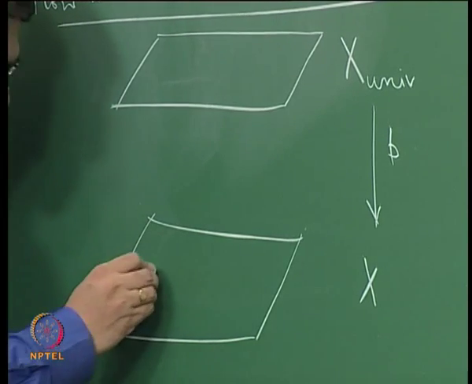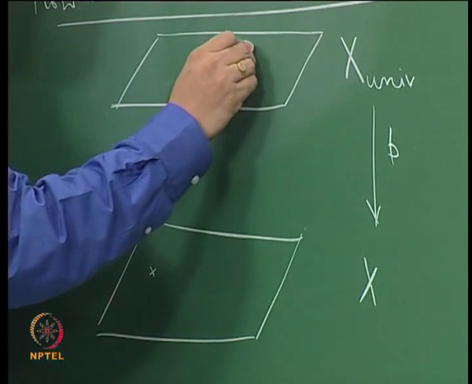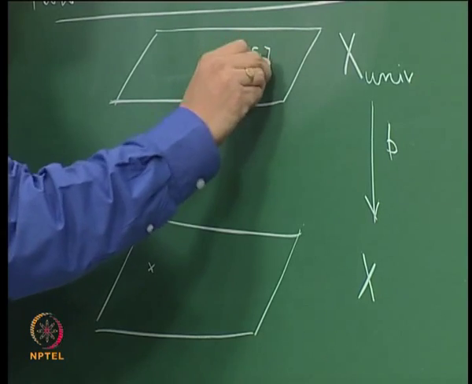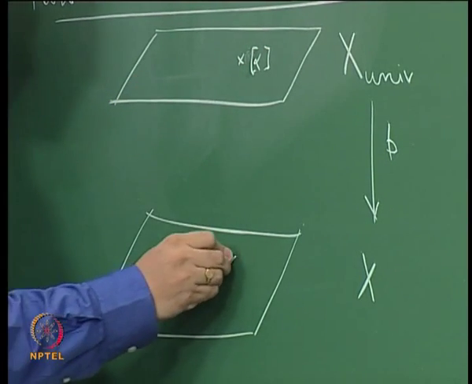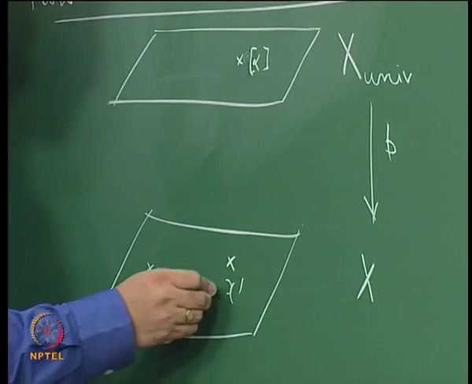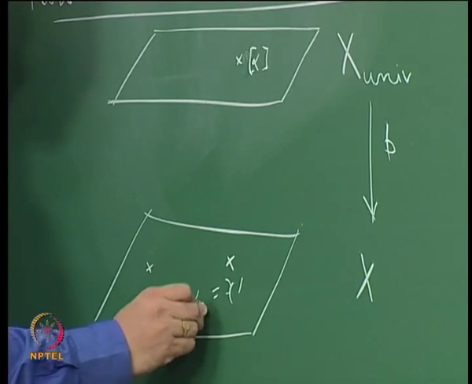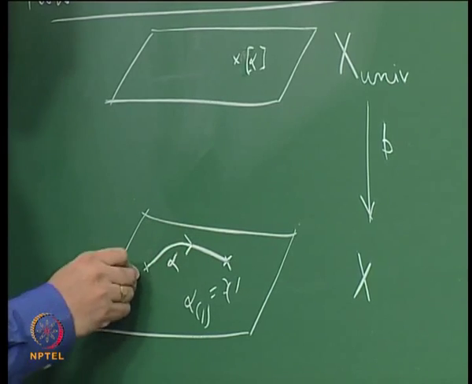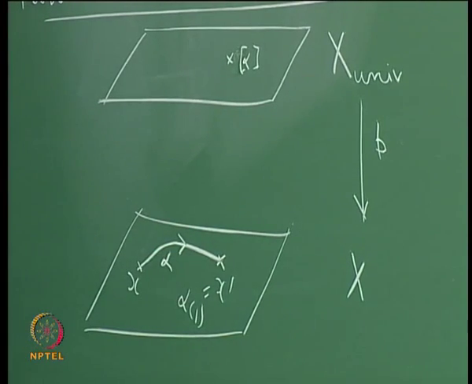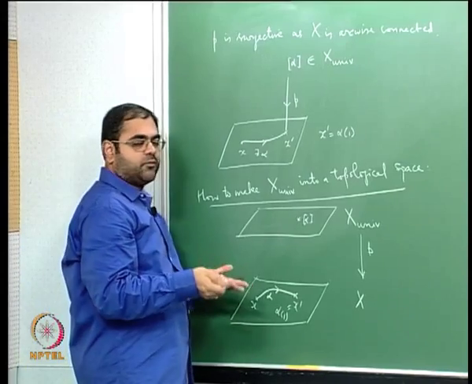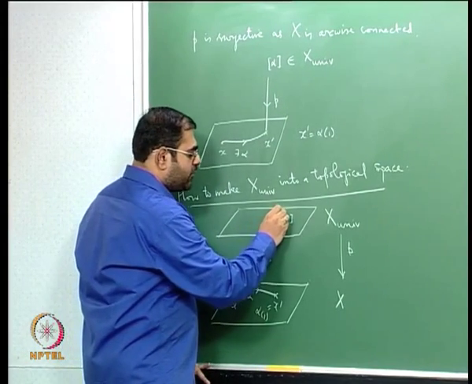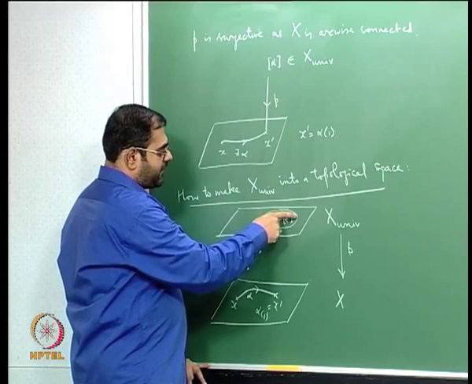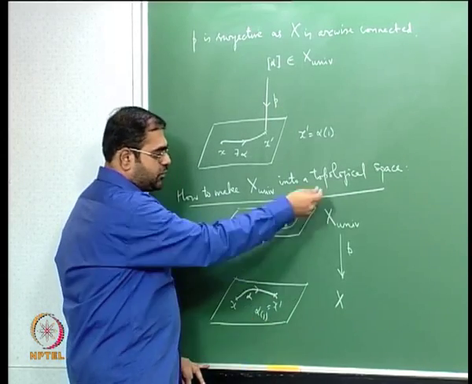So suppose I start with a point, let's say alpha. This point is going to lie above the point x prime, which is just alpha of 1, where alpha is a path from x to x prime. And what would you imagine as a neighborhood of alpha? You would imagine something like this, and you would expect that to go down under the covering map.